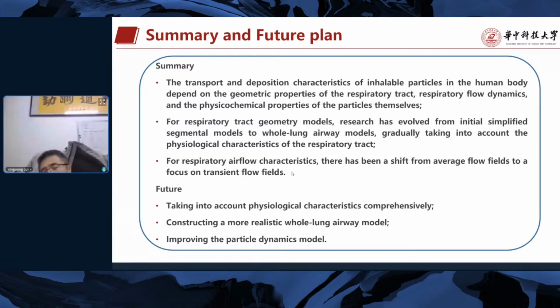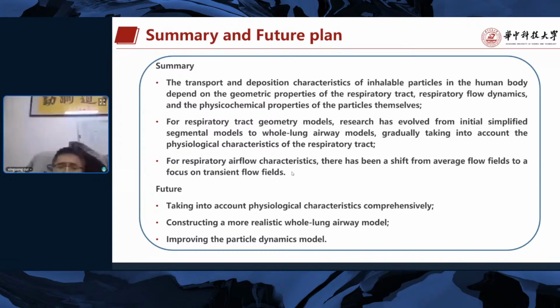And then, in fact, we are also doing some work to use more suitable models to describe particles. We want to do some research on the irregular shapes of the particles.